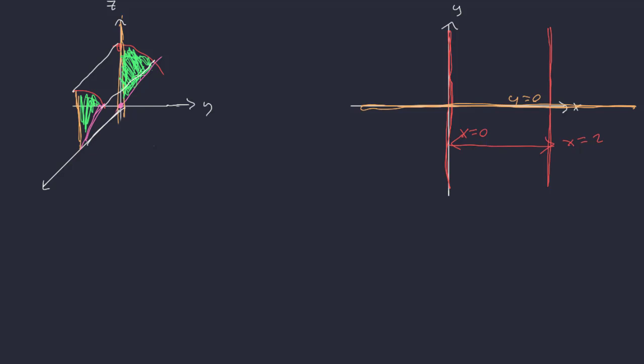Okay, and we know that x is only going between 0 and 2. So we've sort of created a wedge shape.